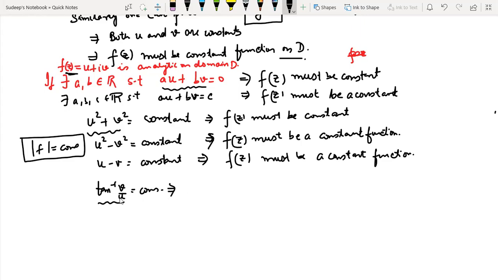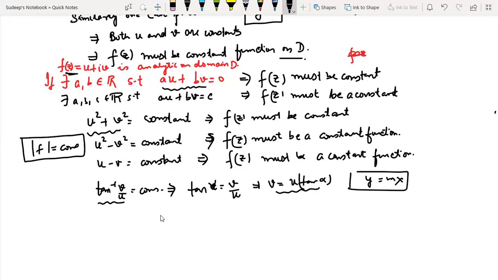Now let us see in the light of what we have done so far. If I say that tan inverse v upon u is constant, it implies that tan alpha is equal to v upon u, or simply v is equal to u tan alpha. So don't you see it as y is equal to mx kind of thing? So it lies on a line. So u and v lie on a straight line passing through origin.